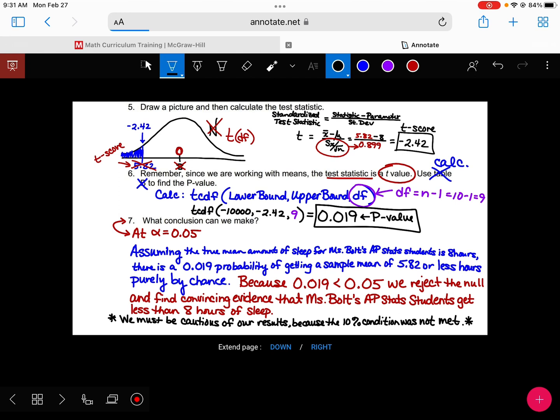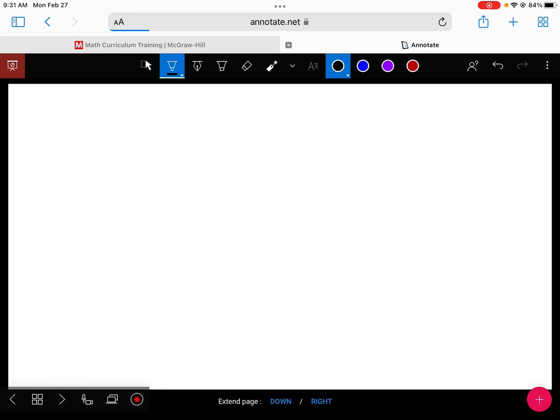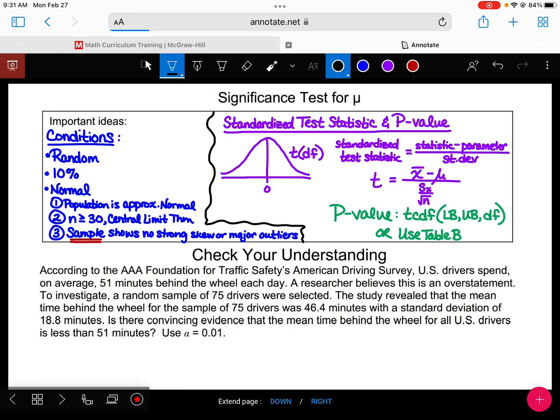All right. Important ideas for today. Same conditions that we've always had: random, 10%, and normal. 3 ways that we can show normality. Wording on this is really important. Either we are given that the population is approximately normal, and you would need to state that, and that's how we know that we have normality in our sampling distribution.